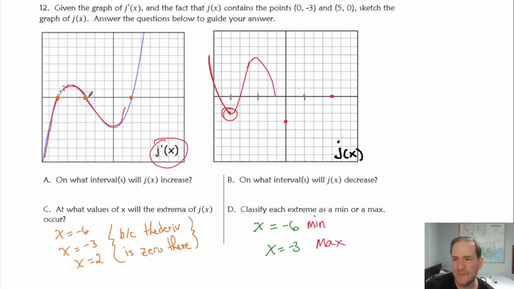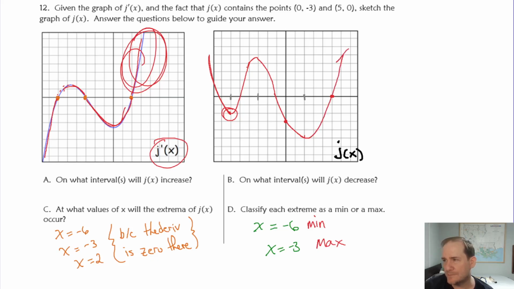I'm now negative, all the way to 2, which means all the way to 2, I need to keep on decreasing. And then after 2, I can increase because I'm positive. So from there, I would go up. And so that tells me that x equals 2 is definitely another min.